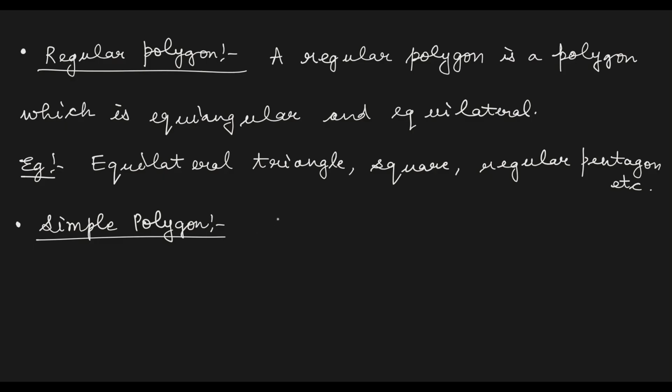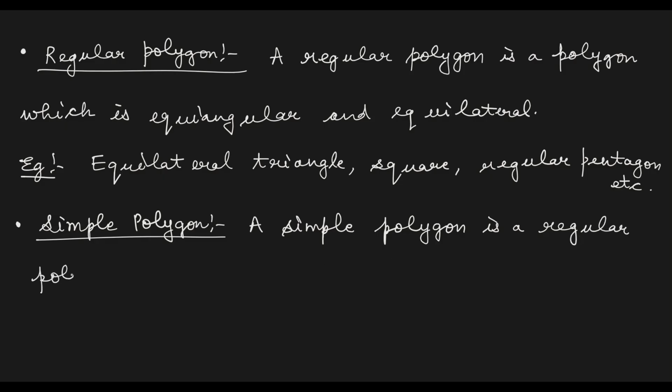A simple polygon is a regular polygon that does not intersect itself.